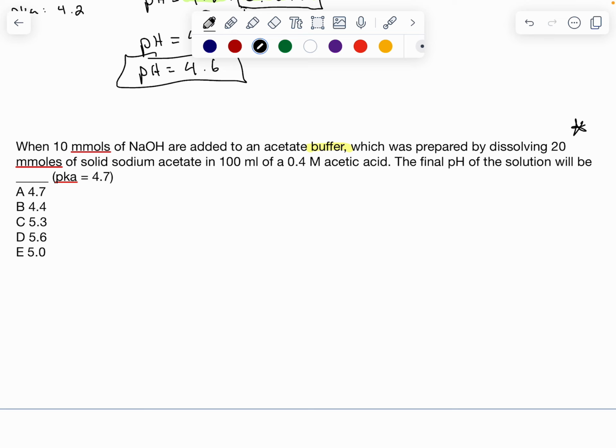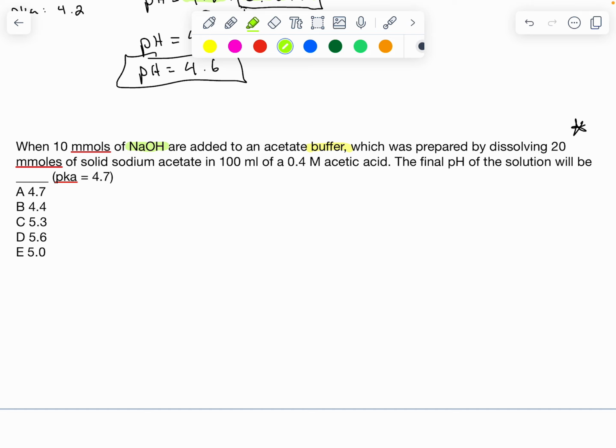When 10 millimoles of NaOH are added, and again, when we see OH, we're going to assume that it's a base because OH is commonly associated with bases. I think that's actually called sodium hydroxide. Last time I took chemistry was in undergrad, so terminology could be off a little bit.